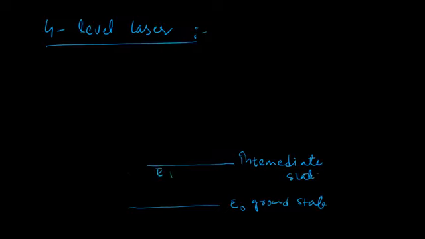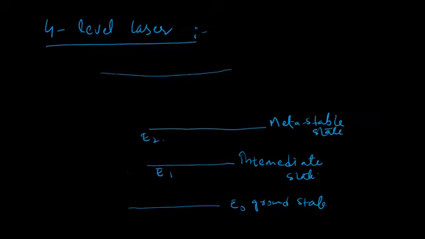Then we have another state, E2, which is called the metastable state. And above the metastable state we have E3, which is called the excited state.